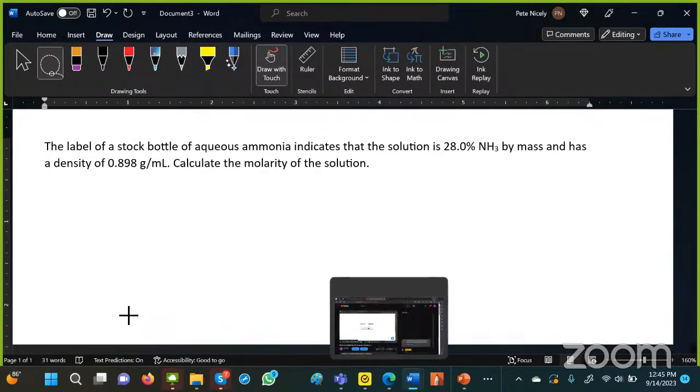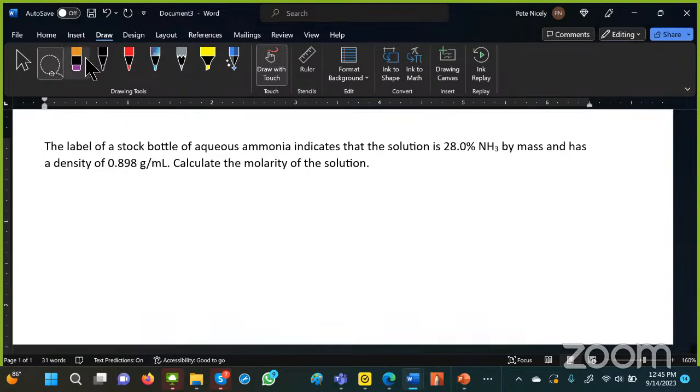Okay, so the question here says, the label of a stock bottle of aqueous ammonia indicates that the solution is 28.0% by mass and has a density of 0.898 grams per mL. So the question is asking for us to calculate the molarity of the solution.